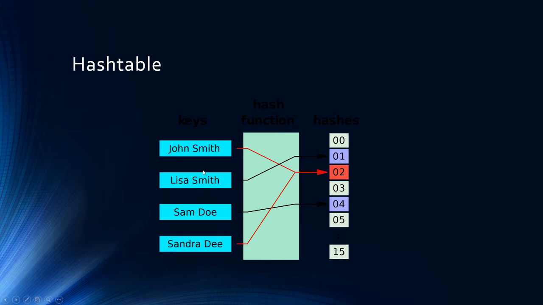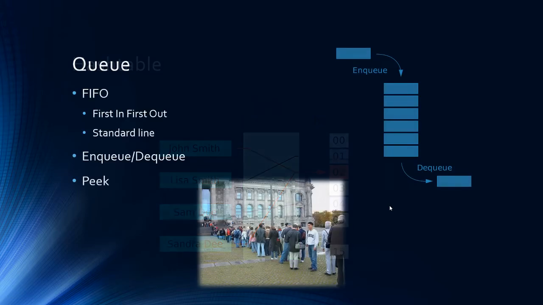Now in this example, Sandra D and John Smith here hashed out to the same value. So if that was a possibility within our hash table function, we would have to make sure to accommodate for that in our code. But basically I can use this to generate some sort of unique key for information.